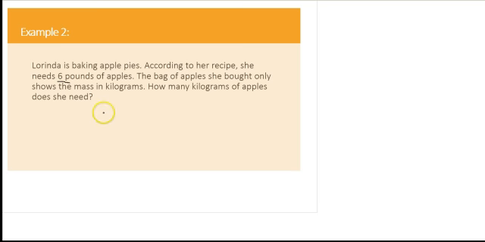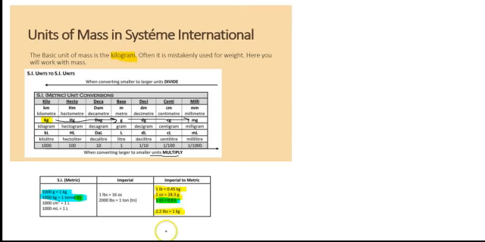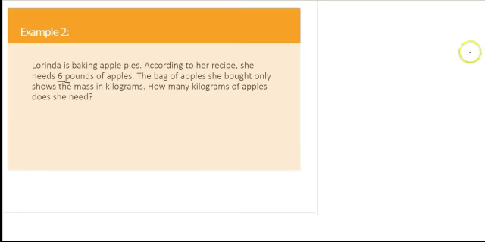Well, if we go to our formula sheet, I can just go back there. We can see, oh yeah, this is the more commonly used one: 2.2 pounds is equal to 1 kilogram. Let's take that here. And we can write that as a ratio, 1 kilogram for 2.2 pounds.